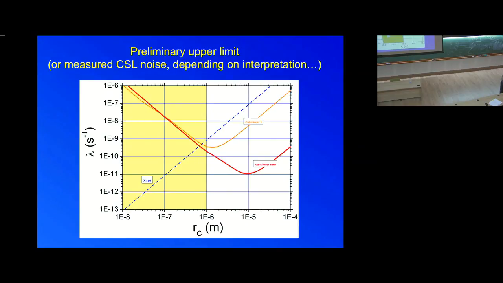But I like the fact that, in principle, if you want to test CSL, you can really do some tests like the ones we have discussed, and you can really exclude that this effect, even if you don't understand what it is, is CSL.